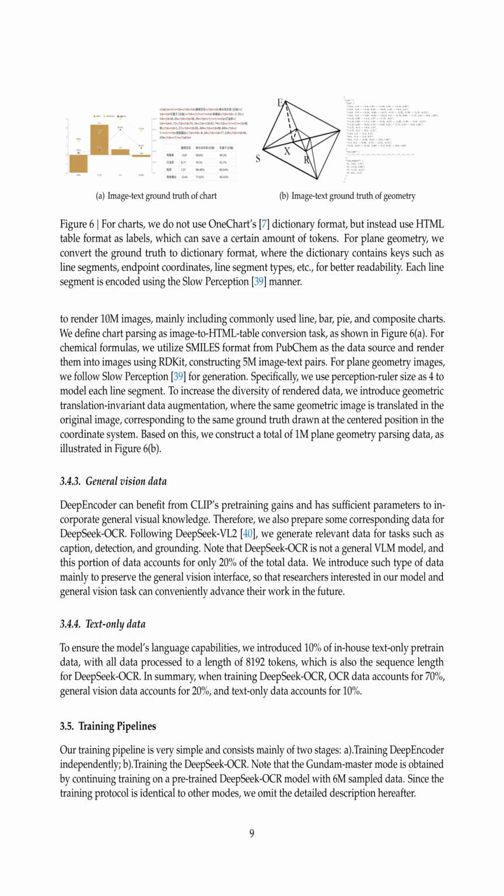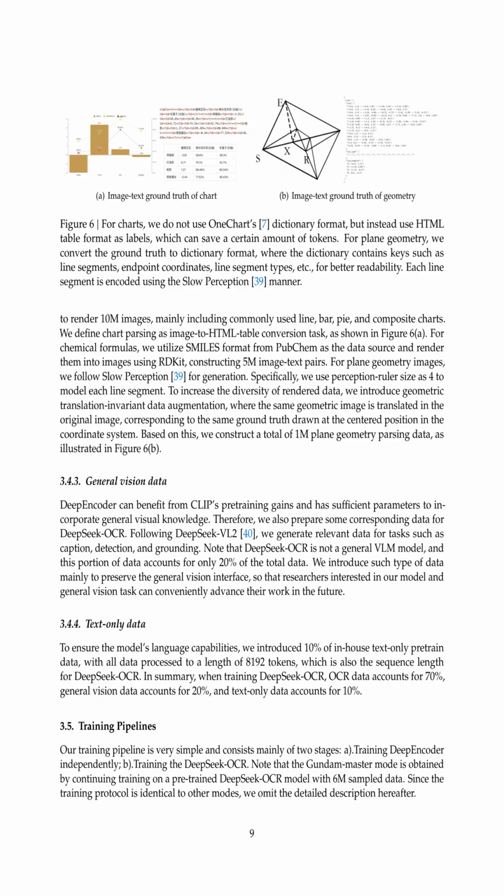For chemical formulas, we utilize SMILES format from PubChem as the data source and render them into images using RDKit, constructing 5M image text pairs. For plane geometry images, we follow Slow Perception 39 for generation. Specifically, we use perception ruler size as 4 to model each line segment.